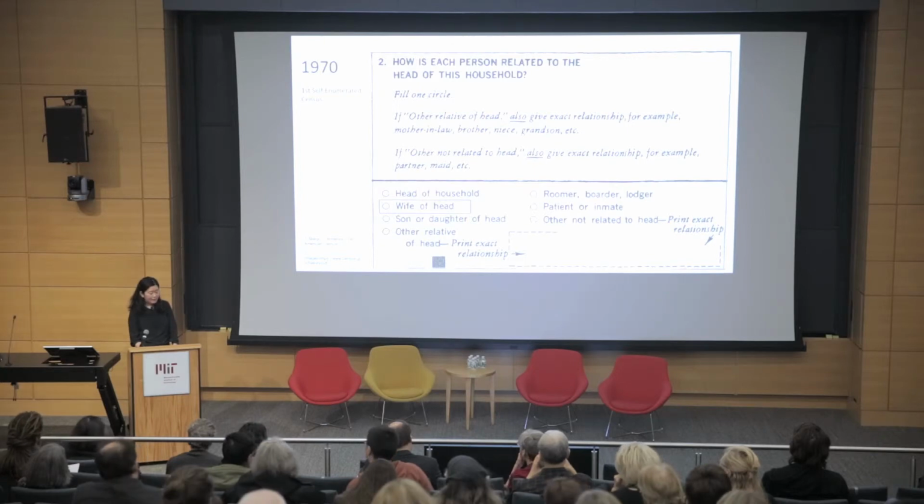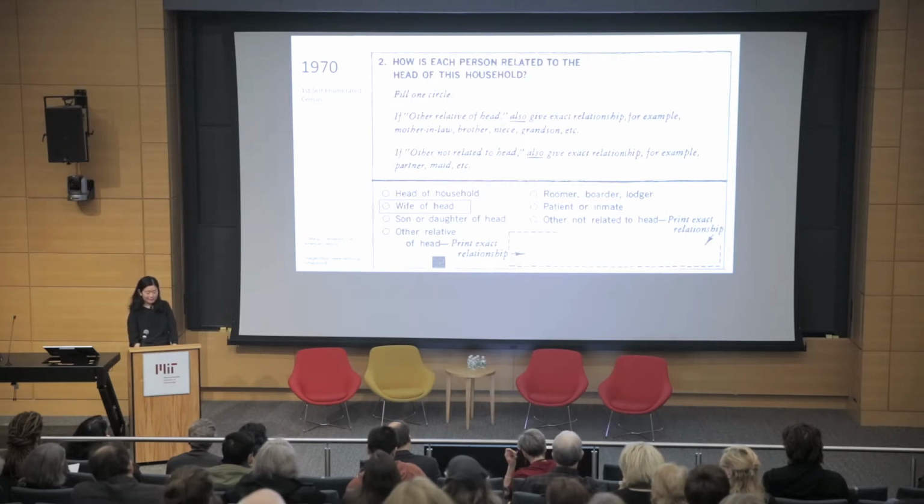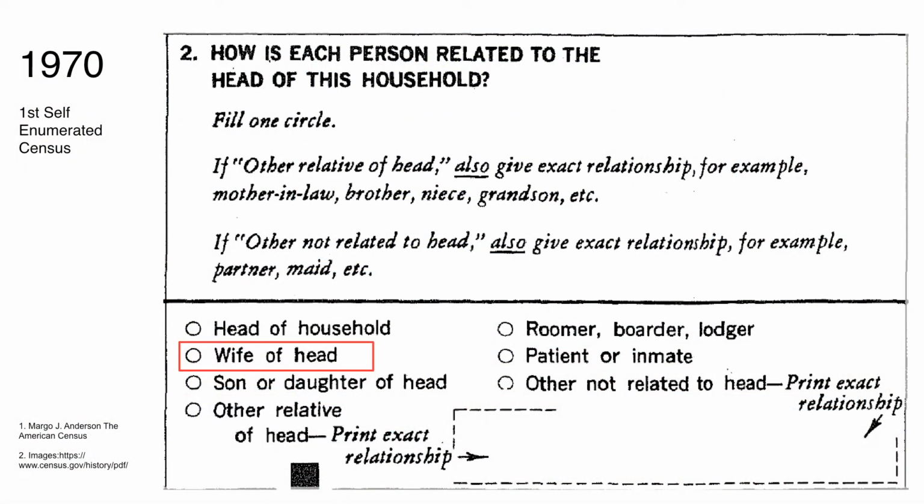And when many Americans for the first time saw census forms and set pen to paper, some of them really struggled to categorize themselves. For example, one of the questions in the form asked relationship to household head of household. Because no option was given for husband of household, married women for the first time saw that they were not able to self-identify as heads of their own households.